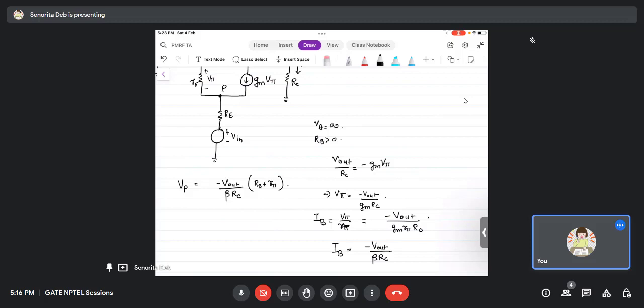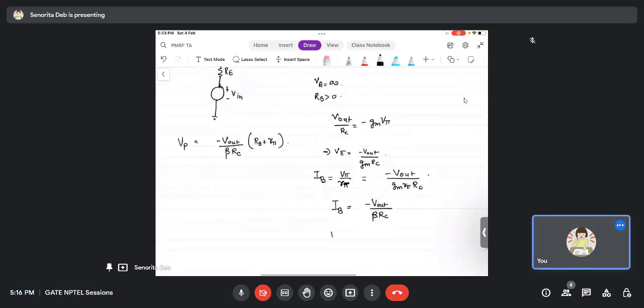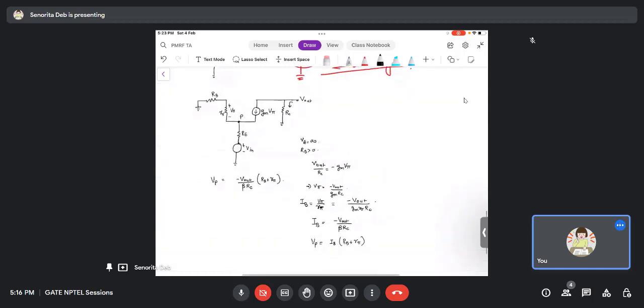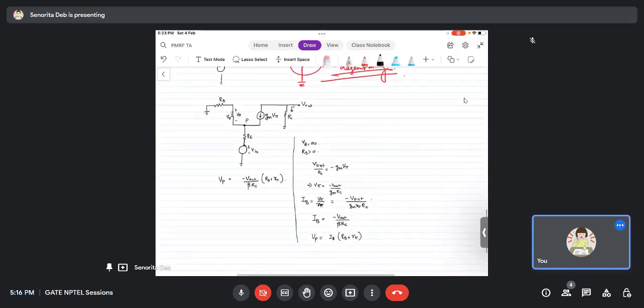First thing, right? So now what is VP? VP will be nothing but IB into RB plus R pi. Please have a look into whatever I am writing. So I am just solving this to get this.